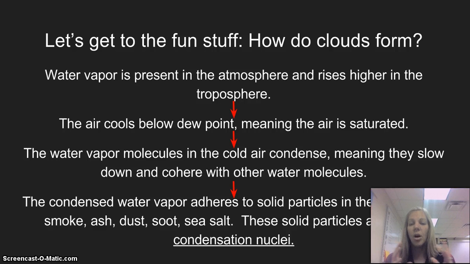So there's all kinds of solid particles in the air, and these tiny water droplets that are in the air start adhering to these solids. Now, the specific name for those solids that you should know is that they are called condensation nuclei. Those are the things that the water droplets adhere to. So the smoke, the ash, the dust, and the soot.